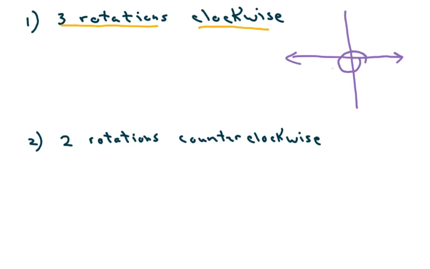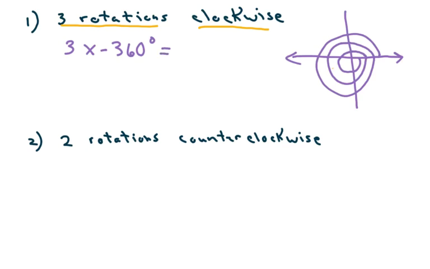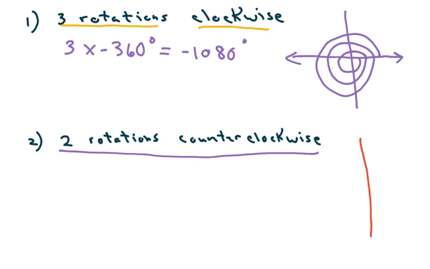There's 1 rotation, 2 rotations, 3 rotations. So it's 3 times negative 360 degrees, which equals negative 1,080 degrees. Okay, 2 rotations counterclockwise means our angle is positive.